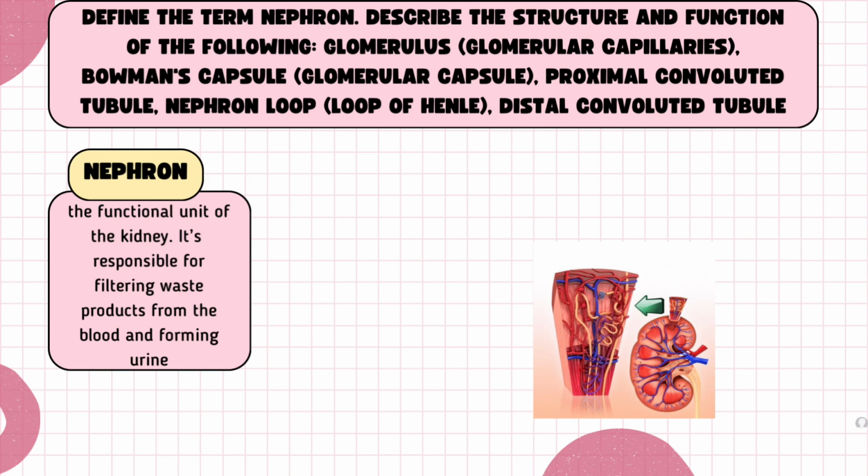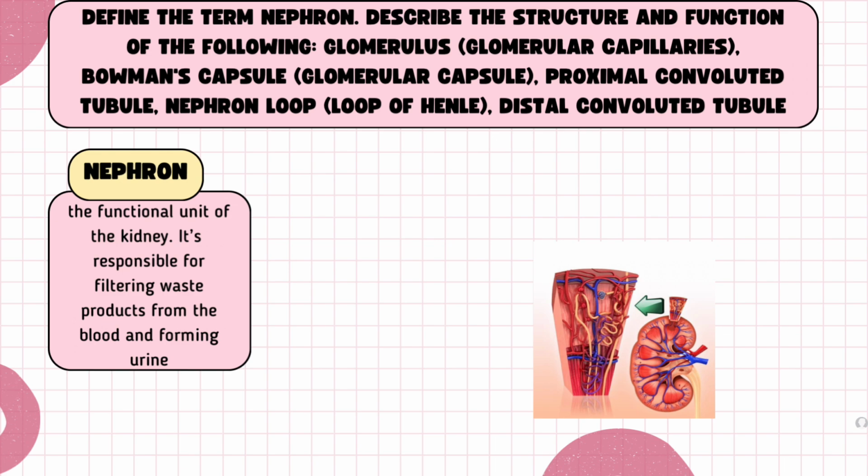Proximal convoluted tubule. This is going to be a coiled segment of the nephron tubule. This is where most of the reabsorption of essential nutrients and water occurs. Nephron loop. This is a loop extending into the renal medulla. It's primarily responsible for further concentration of urine by transporting sodium ions, and it creates a concentration gradient that draws water out of the filtrate.